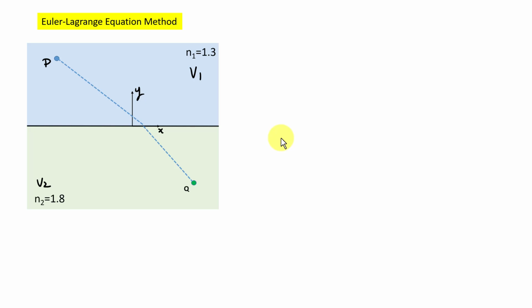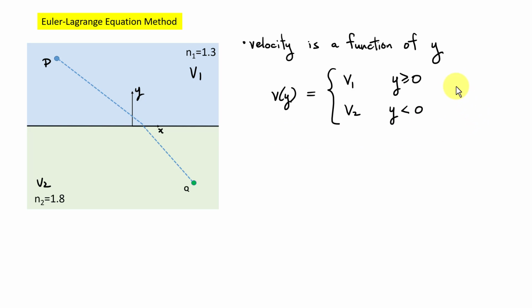In terms of an equation, it simply means we can write the velocity as a function of this vertical distance. For example, if y is greater or equal to 0, I'm going to have one value of v, and if y is less than 0, it's going to be equal to v2, because of the different index of refractions that we have.